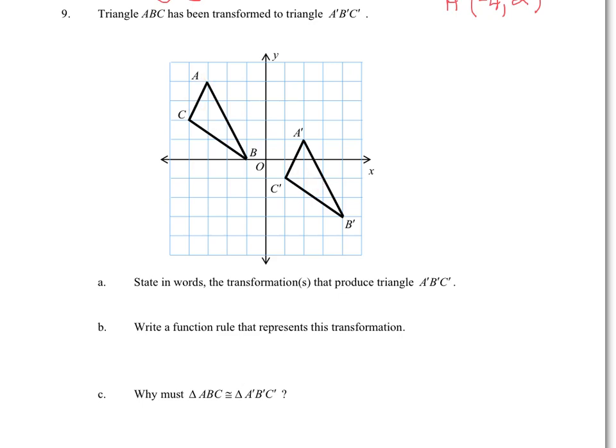If we take our A and our A prime, we can count 1, 2, 3, 4, 5. So it moved 5 units to the right and down 1, 2, 3 units. So the transformation is that it translated 5 units right and 3 units down.